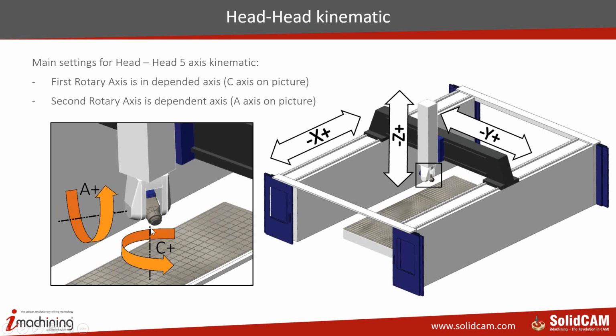Why? Because the position of the tool and the C axis is not moved in that way. Now, if we start to rotate the C axis, which is independent, the A axis will spin as well with it. So this is the way you should always think about it.